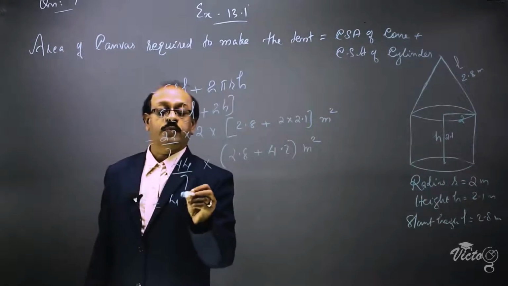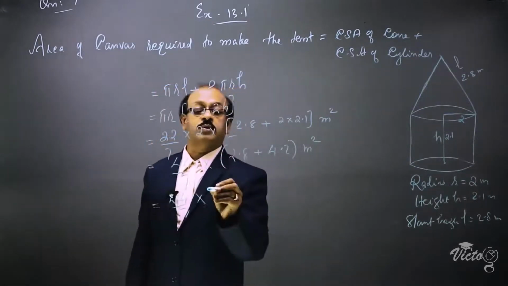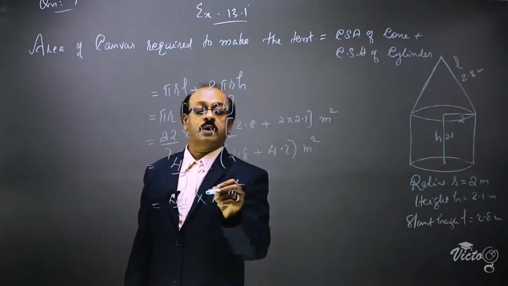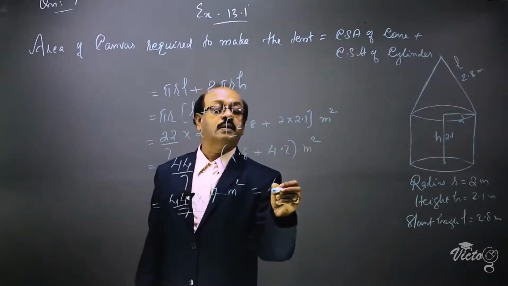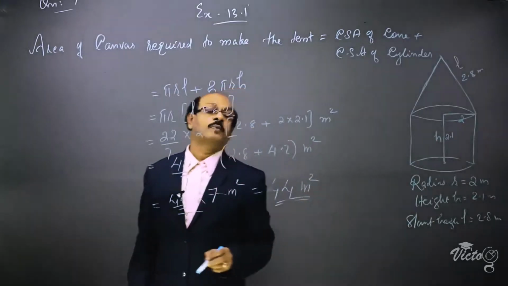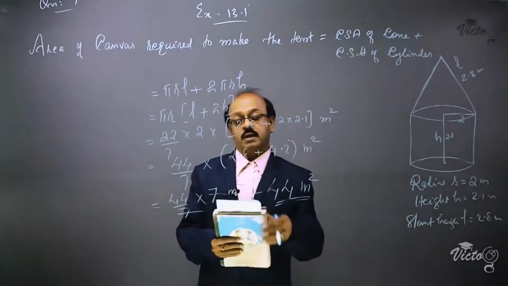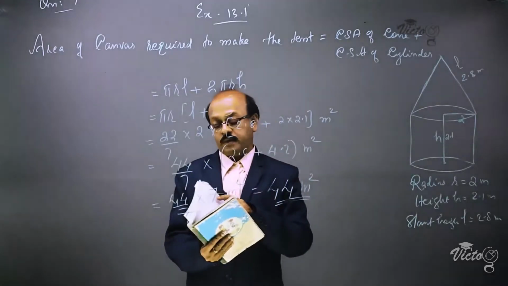This is equal to 44 by 7 into 2.8 plus 4.2, which is equal to 7 meter square. Cancelling 7 and 7, area is equal to 44 meter square.